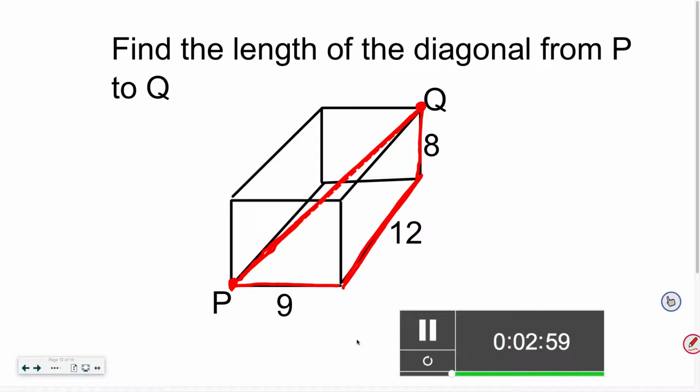Draw it down. Thing is, if you draw it, you'll be able to create the right triangle in front of you. Three-dimensional on a two-dimensional surface are really challenging. Think about how you can best visualize.